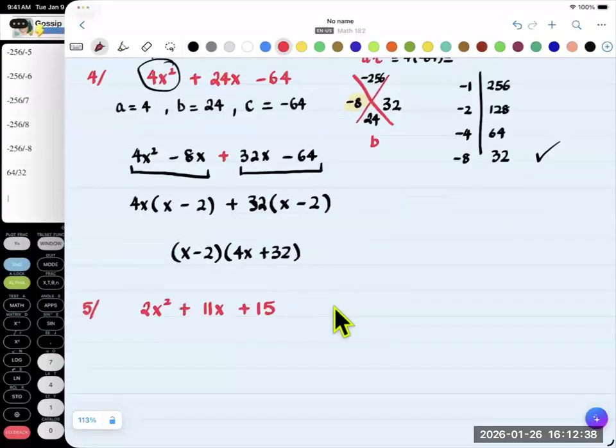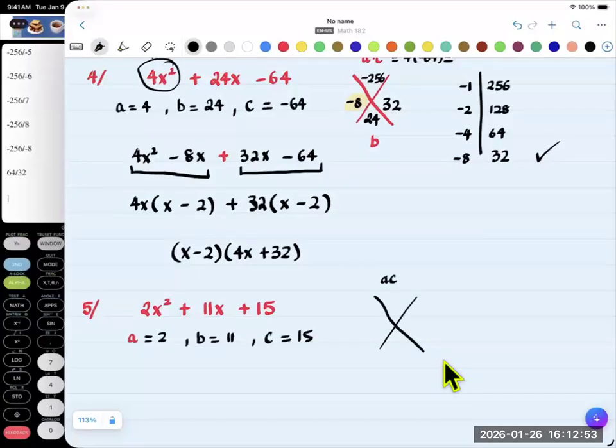Now let's take a look at this one. My A is 2, my B is 11, and my C is 15. So with the AC method, A times C in this case is 2 times 15, which is 30, and my B is going to be 11.